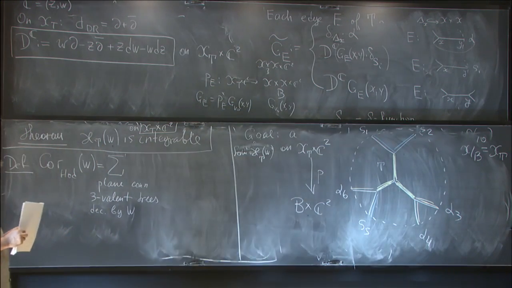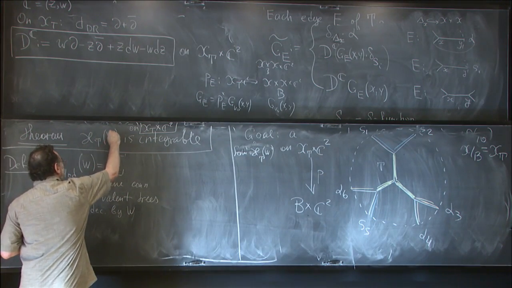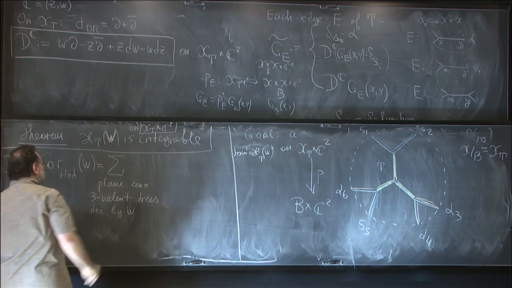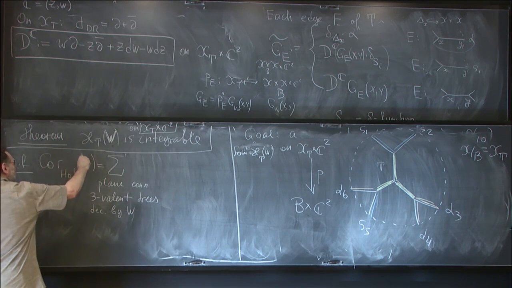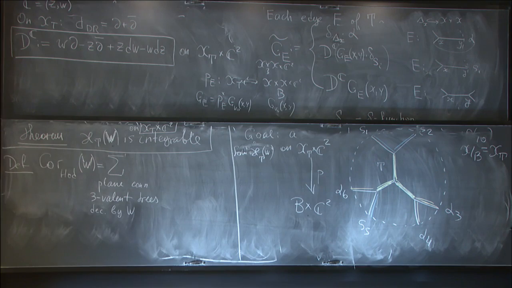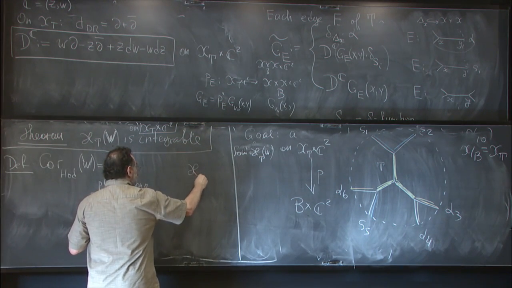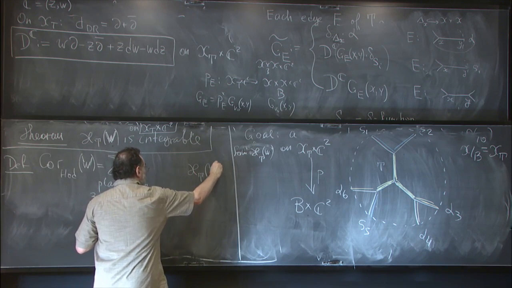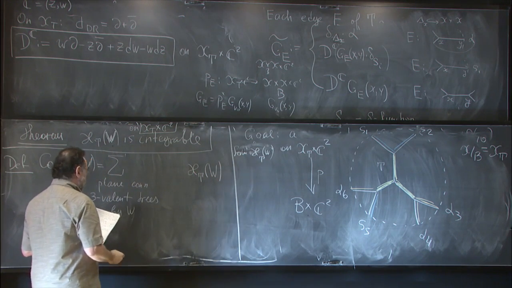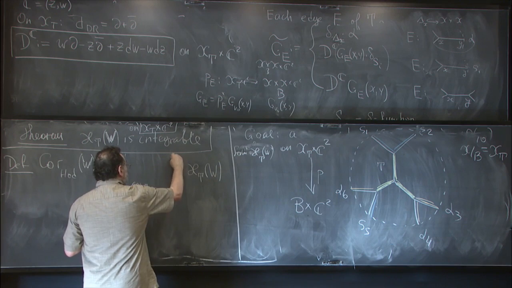Okay, let's make a definition. The main point is that you take this current, which is integrable, and you integrate it over the fibers of this map.